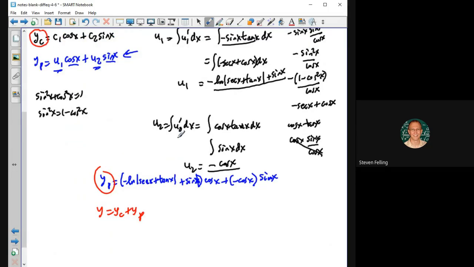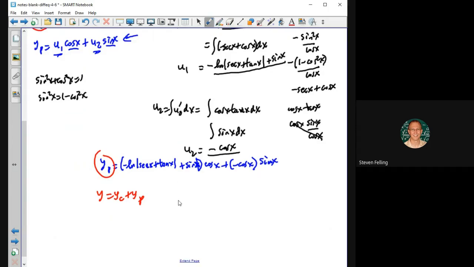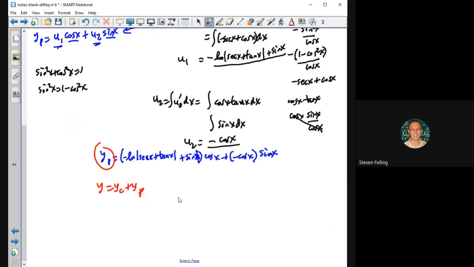So I guess we could write that all out. Let's do that because there might be some things that happen here. In fact, if I were to multiply this out before we do that, let's work with yp further. So what is yp?